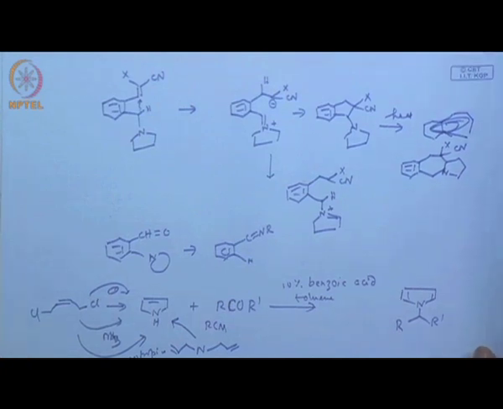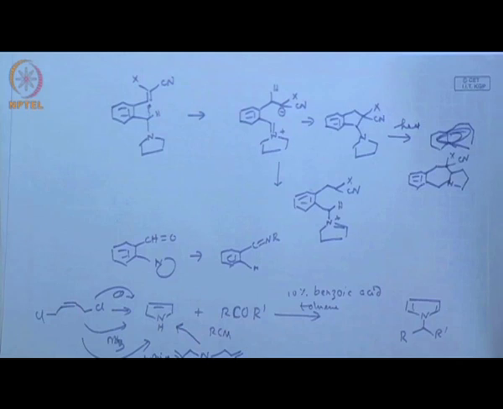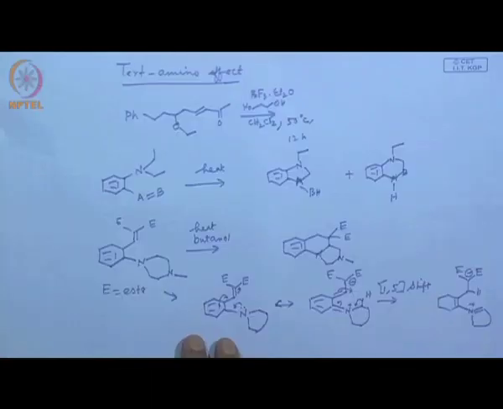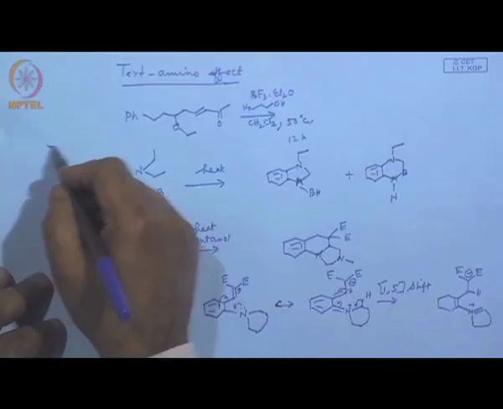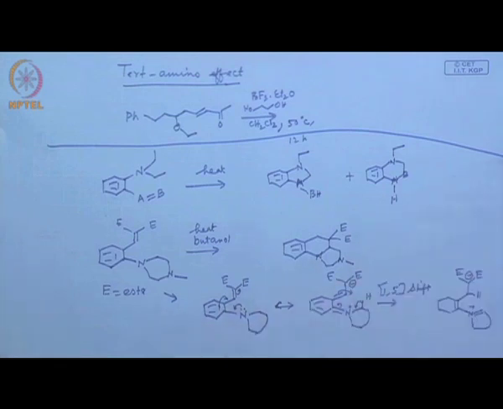Okay. And lastly, I think we will probably talk about the first example. What was the first example? If you recall the first example, I thought at the end we should be able to answer these questions. What is the product?